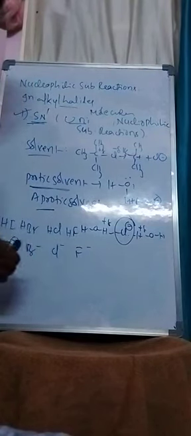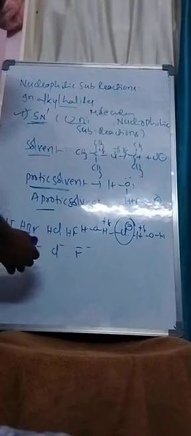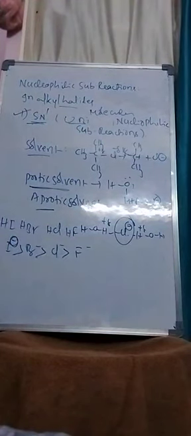Their conjugate bases are I minus, Br minus, Cl minus and F minus. The strongest nucleophile is I minus, then Br minus, Cl minus, F minus, because it can donate electrons more easily. The strong nucleophile can participate in nucleophilic substitution reactions easily.